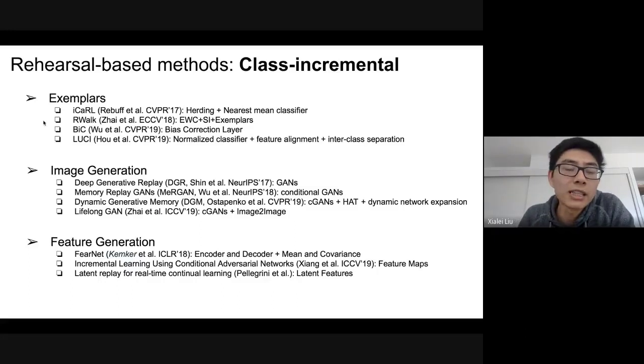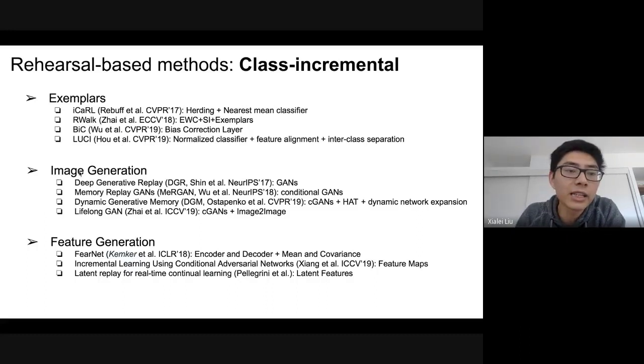Other papers like BiC propose a bias correction layer. That's important because when we keep a small amount of data, we suffer from an unbalanced problem. Also, LUCIR deals with the same unbalanced problem.